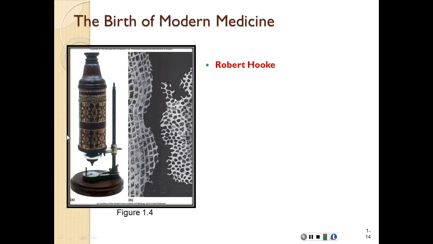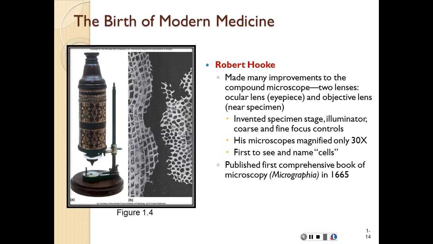Then Robert Hooke. Everybody should know Robert Hooke because we've hopefully dealt with him back in high school. Robert Hooke designed microscopes and was able to view various cells. So he helped improve the compound microscope. So we have two lenses.